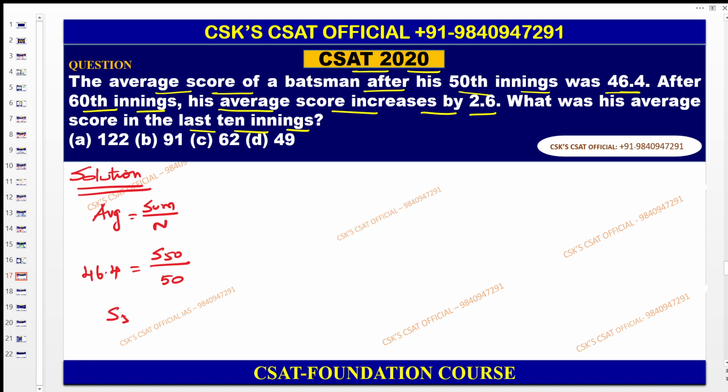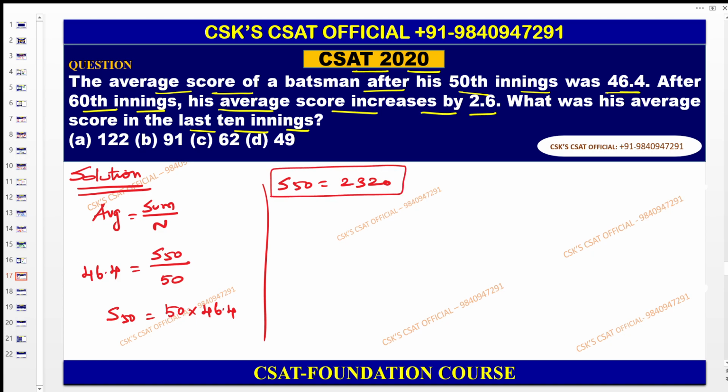So the sum of 50 innings is 50 into 46.4, which is 2320.